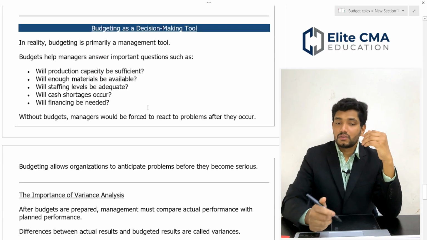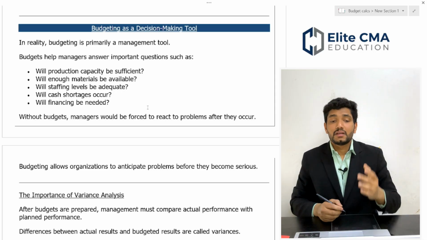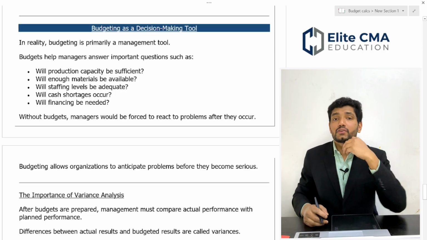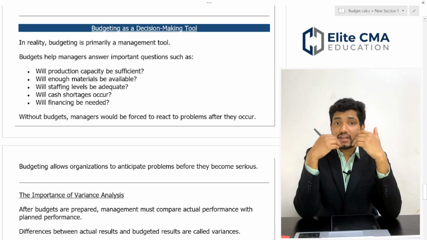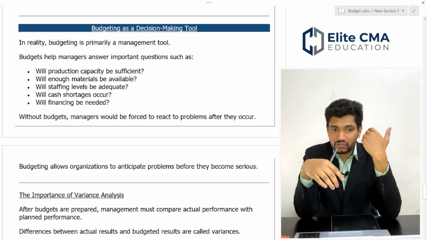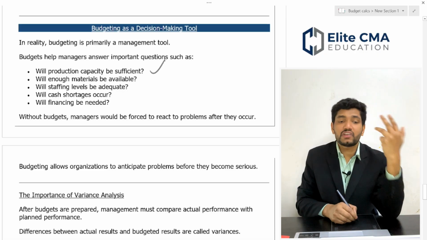Now, budget as a decision making tool. In reality, budgeting is a primary management tool which helps management make various decisions. Budget will help managers answer some important questions like, will our production capacity be sufficient?